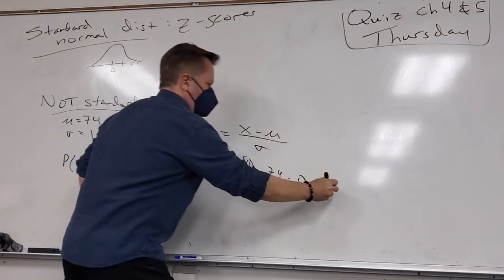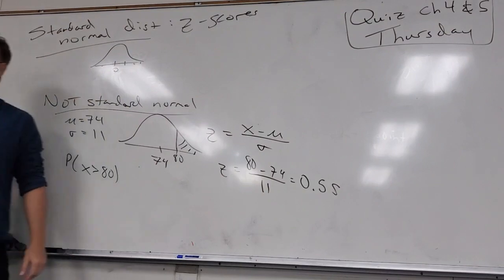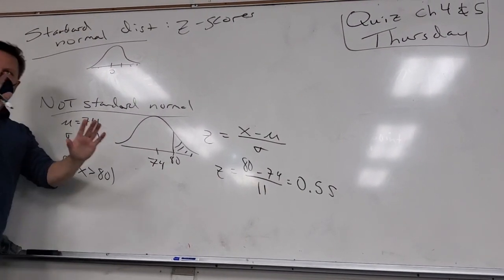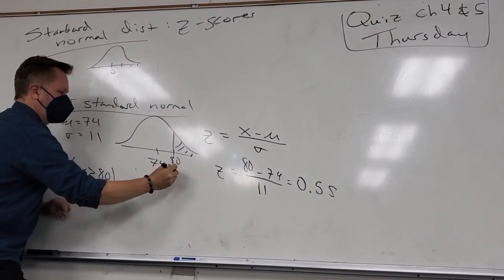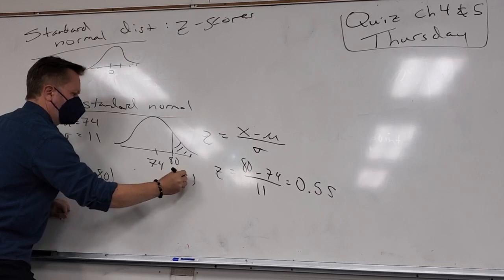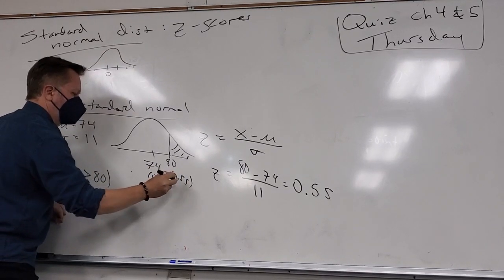So what would this be? 0.55. Good, so you have to round to the second place. Just to keep myself straight, I always put in parentheses underneath what the Z-score is, so it looks more like our first pictures.